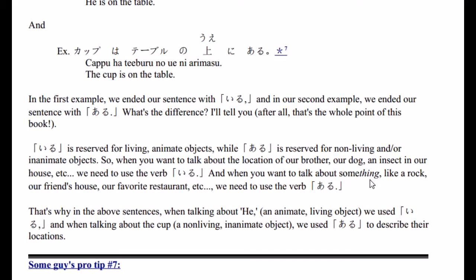But when we want to talk about something like a rock, our friend's house, our favorite restaurant, or whatever, we use aru. That's why in the above sentences, when we're talking about he, a living animate object, we use iru. Teiburu no ue ni iru. And when talking about the cup, a non-living inanimate object, we use aru. Kappu wa teiburu no ue ni aru.